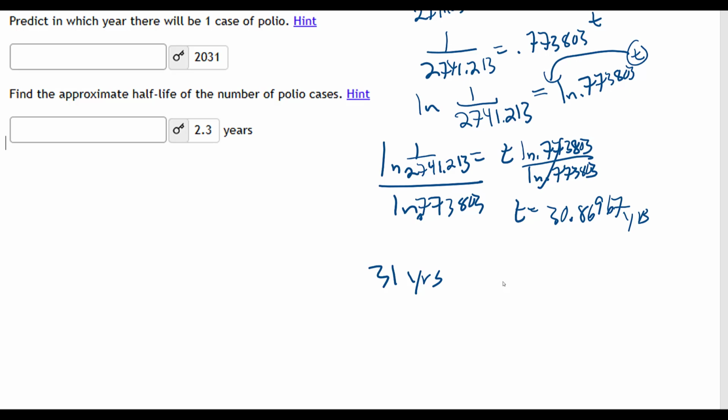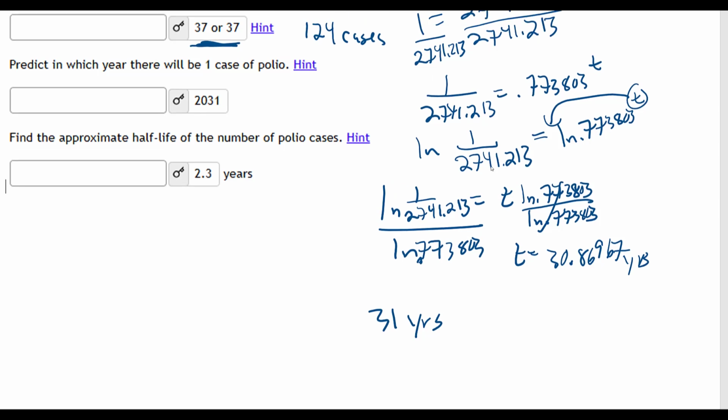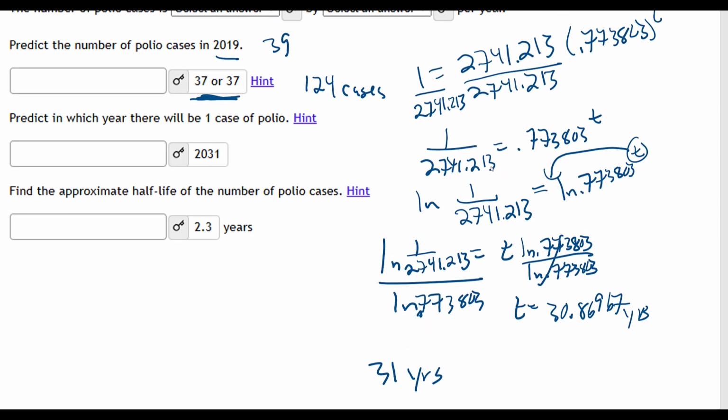Oh, I just saw a major error in my math. It should have been 0.001, 0.00, 0.00, 0.00. I know that because at 39 gave us 124 cases.